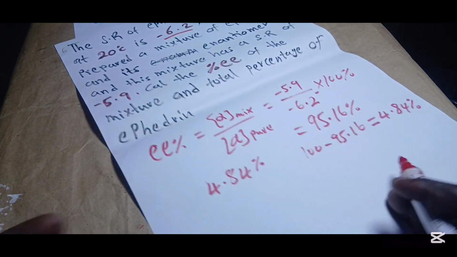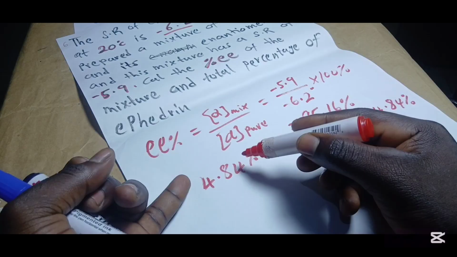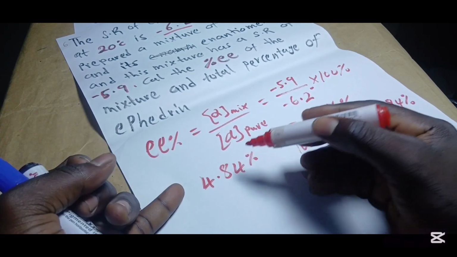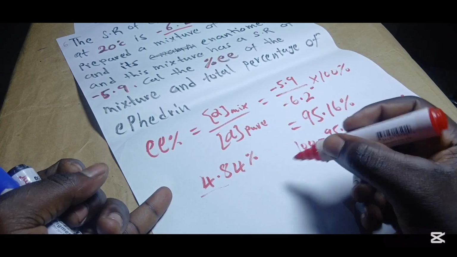So this is the value of the racemic mixture that was formed, 4.84%. It means ephedrine and its enantiomer came together to form a racemic mixture of 4.84%.